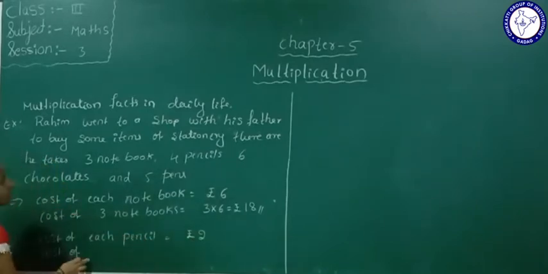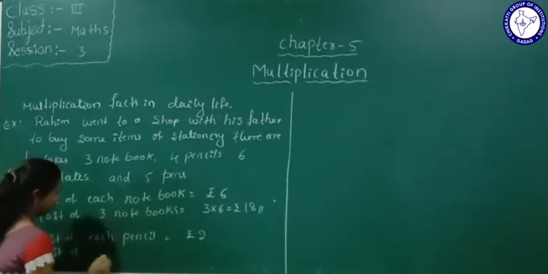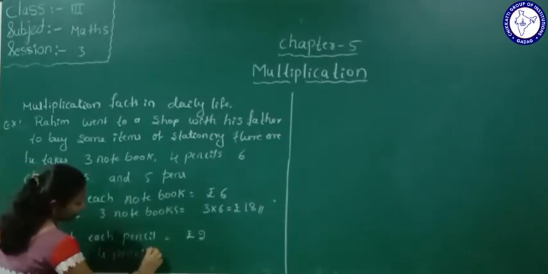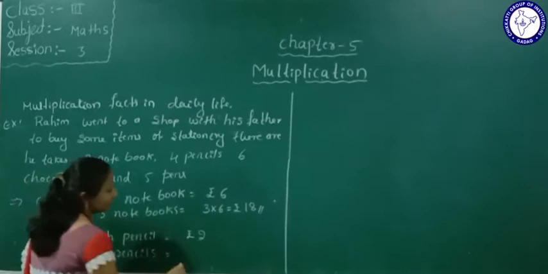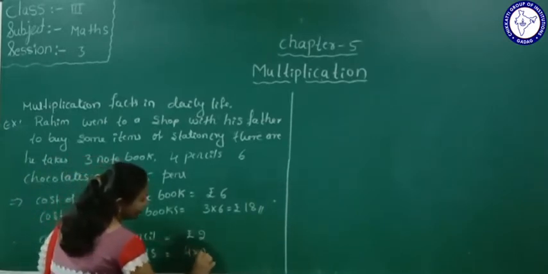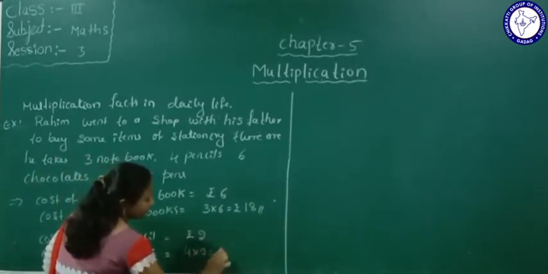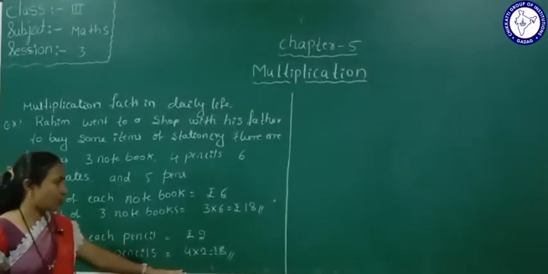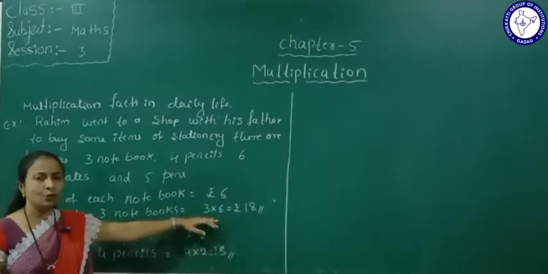How many pencils did he take? 4 pencils. Cost of 4 pencils is equal to 4 into 2, which is rupees 8. So rupees 8 is the pencils' amount, and rupees 18 is the notebook amount.